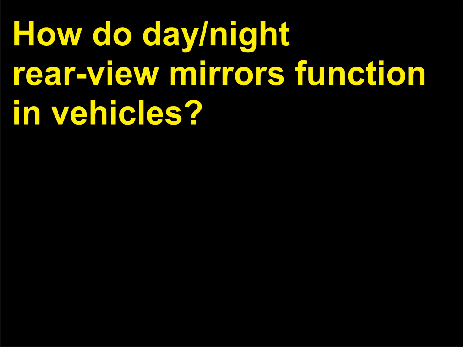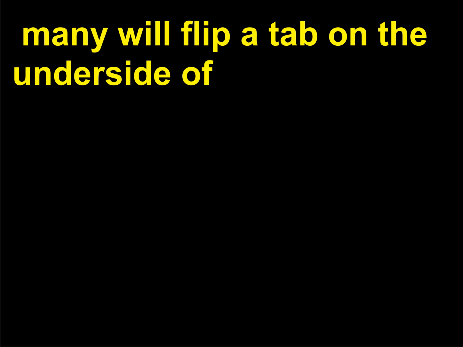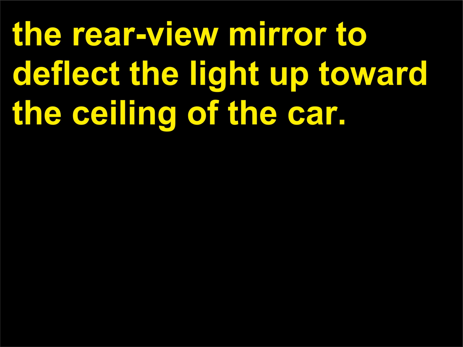How do day/night rear-view mirrors function in vehicles? When drivers traveling at night encounter a bright light from the vehicle behind them shining in their eyes, many will flip a tab on the underside of the rear view mirror to deflect the light up toward the ceiling of the car.